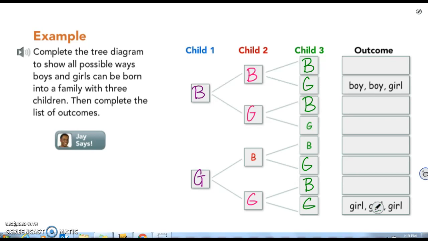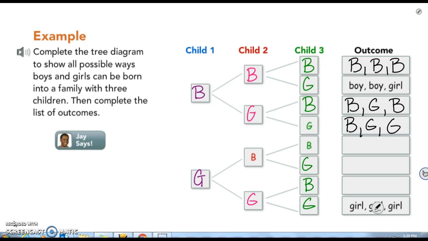Now to the right, we can list the outcomes. So as you can see at the top of our tree diagram, we could have 3 boys, or we could have 2 boys and a girl. We could also have boy, girl, boy. Or boy, girl, girl.